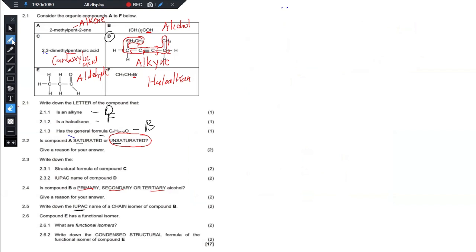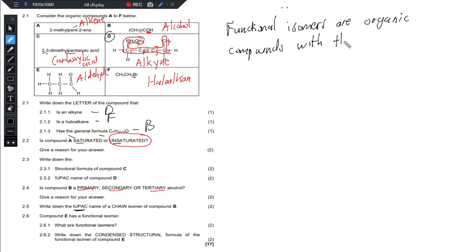So by definition, we say functional isomers are organic compounds with the same molecular formula but different functional groups.